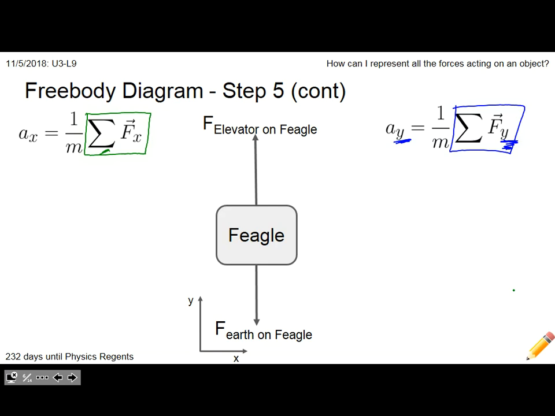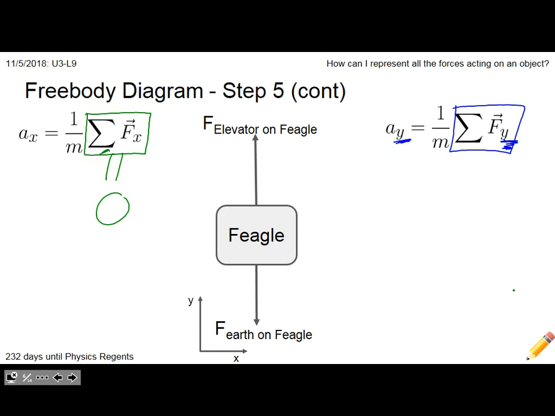Remember, if it was to point in the x direction, it would point left or right. Do we have any forces pointed left or right? No. So if I add up nothing, what do I get? Nothing. So in the x direction, the sum of the forces is 0.